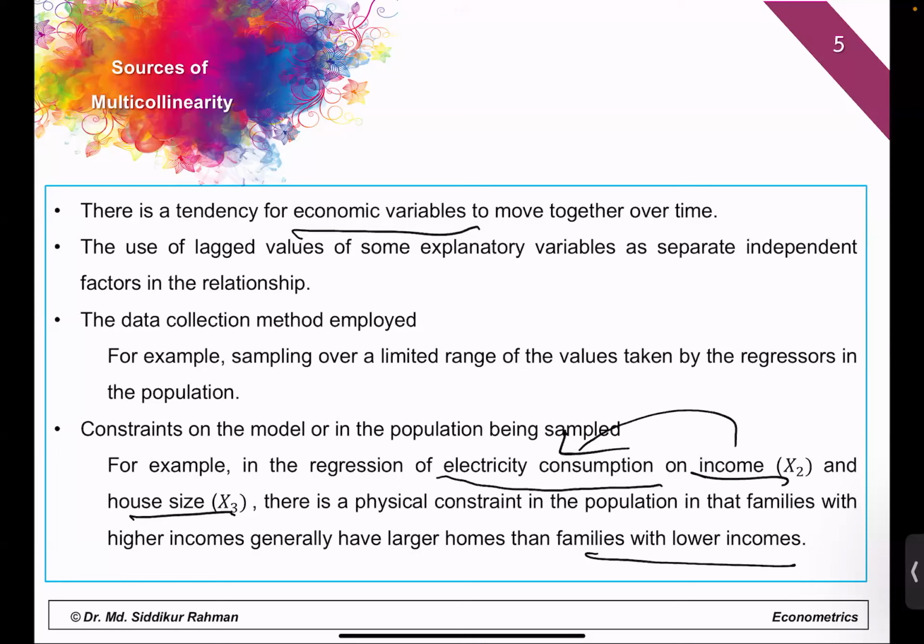The problem is nothing but the multicollinearity problem, because this relationship might disturb the electricity consumption estimation. So the valid estimation of the electricity consumption will be misleading, right? Why does it happen? Due to the multicollinearity problem. What is the multicollinearity problem here? It is nothing but the collinear relationship, or collinearity, between income and household size.